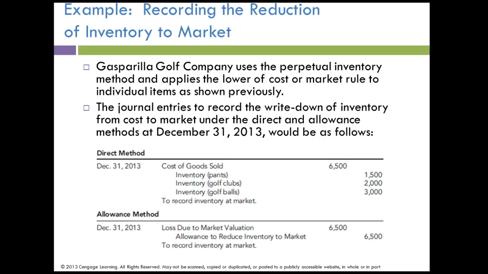But if we go the allowance method, then instead of going directly against the cost of goods, which ultimately is an expense, and then the inventory, which would be assets, under the allowance, we're going to create a loss due to market valuation of $6,500, and then we'll credit an allowance to reduce that inventory to market.